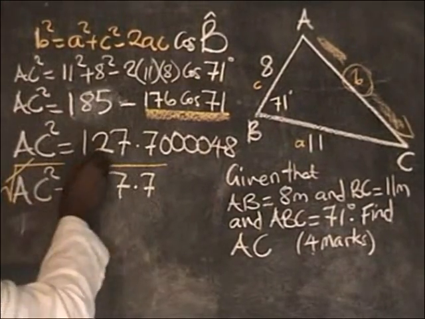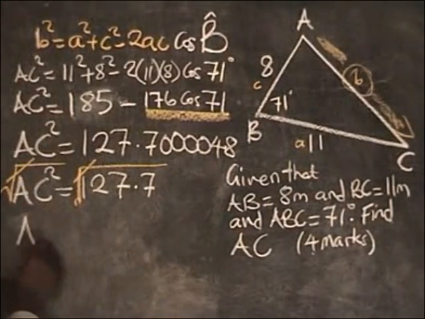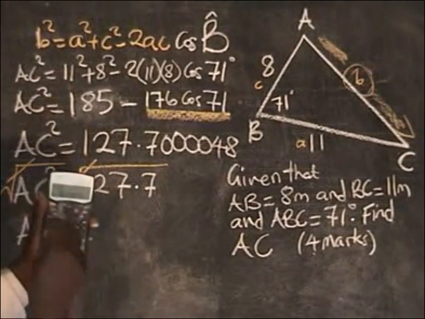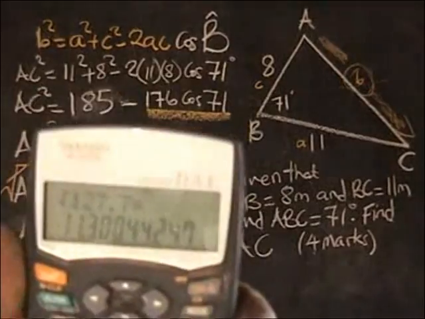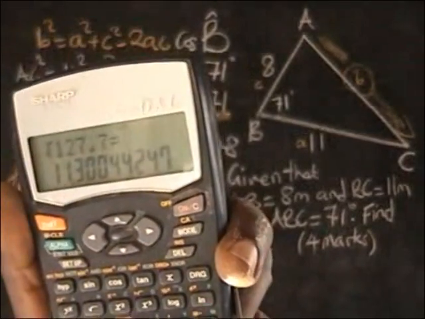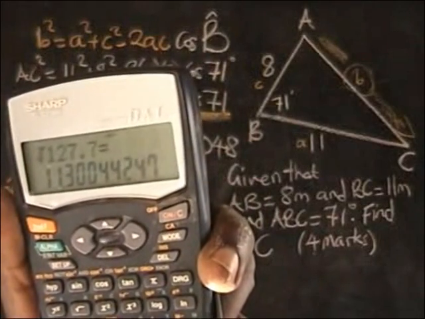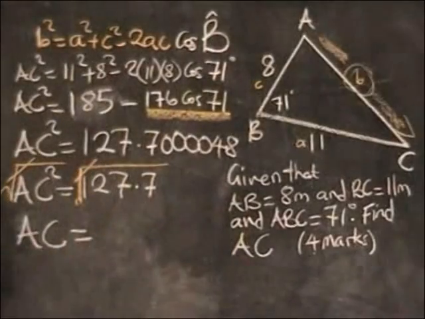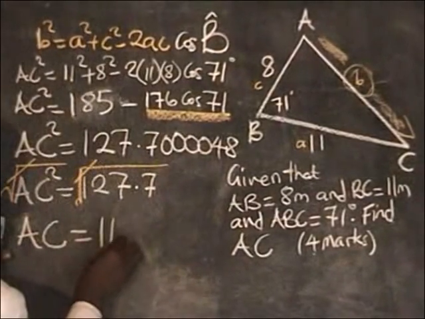That and that cancel, and this now reduces to AC equals square root of 127.7. If you use a scientific calculator, square root of 127.7, that figure is 11.3004447.